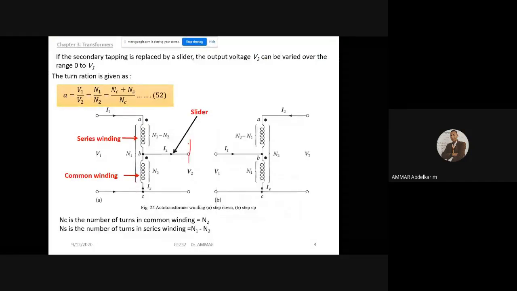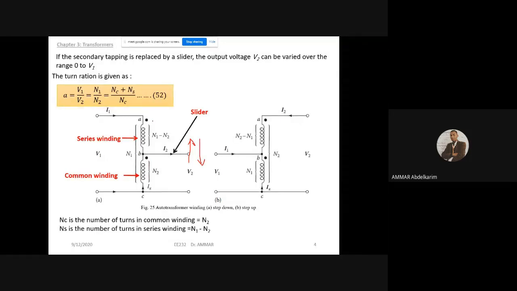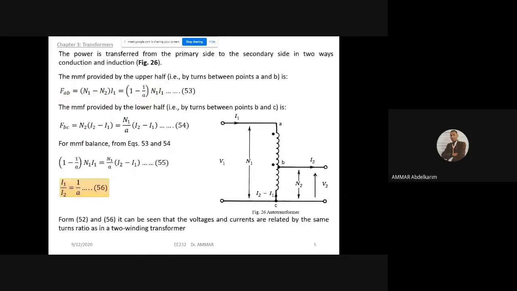This part can move up and down to change the amount of voltage. So if this one is N1 and this one is N2, this part is N1 minus N2. So this is the primary winding and this one is the secondary winding.